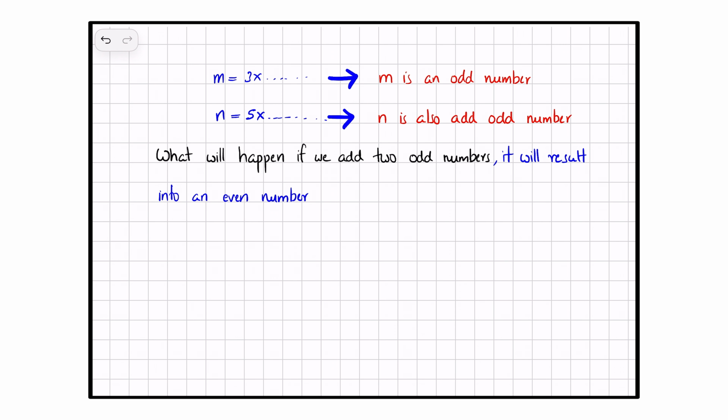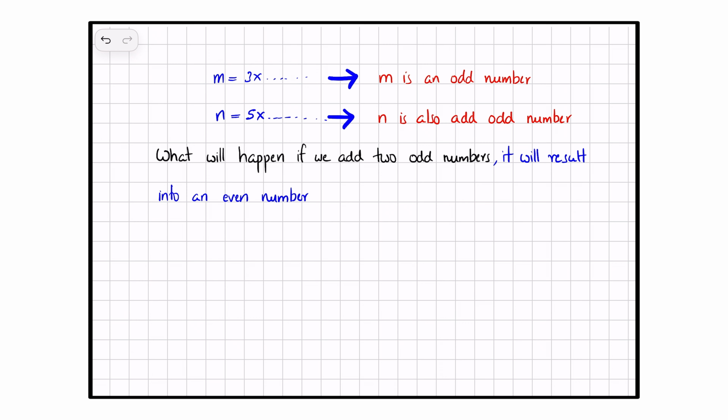Now before we move ahead, some of you may have a confusion that how can we say that for a number m which can be written as 3 into something, it can always be odd. 6 is a multiple of 3 and that is not an odd number, that will be an even number. Then how can we write this? The thing that you have to understand is that it is given that 3 is the smallest prime factor for m. That means 2 doesn't exist in this prime factorization.